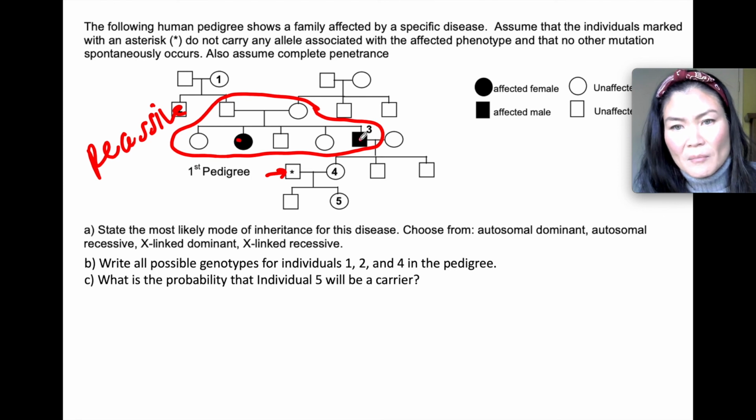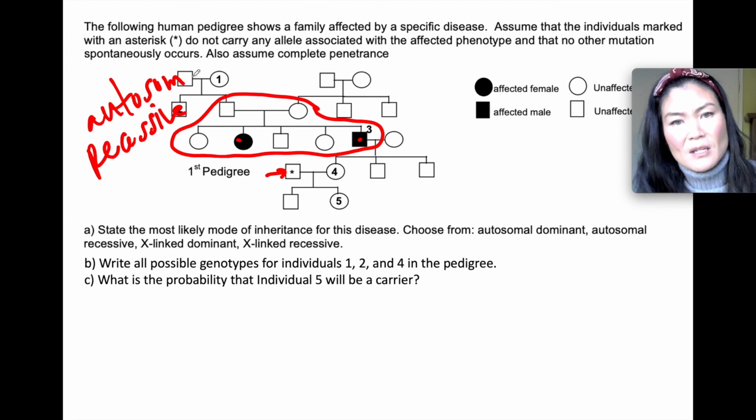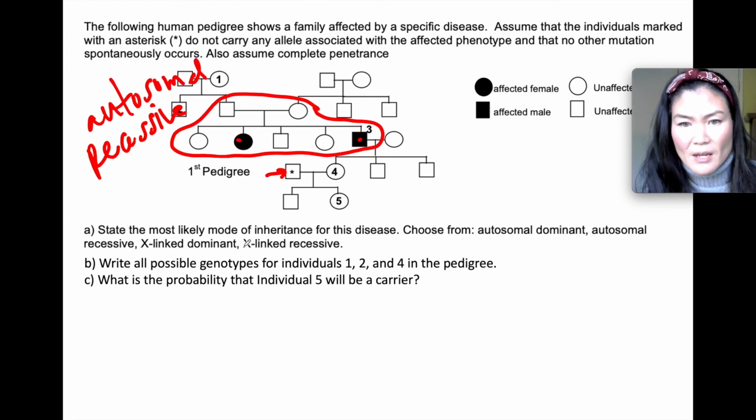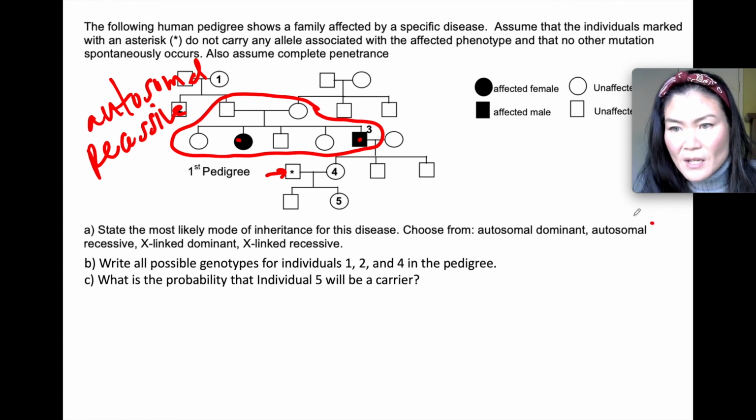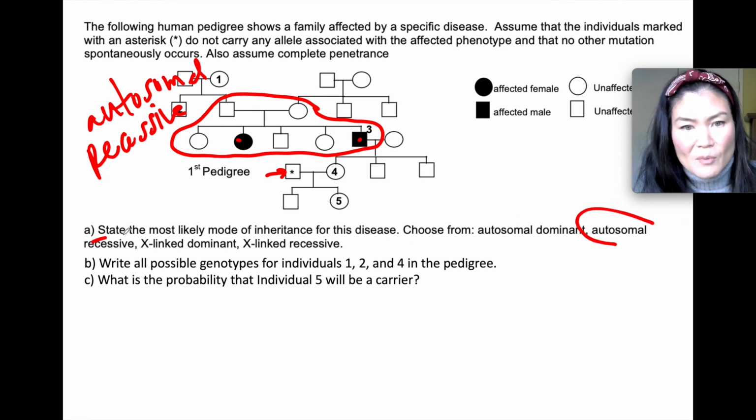Female, male, not sex-linked, autosomal. So we already figured it out, guys. That was a really easy one. So we're going to go with autosomal recessive. So the answer is this guy right here, autosomal recessive. Okay. Write all the possible genotypes for individuals 1, 2, and 4 in the pedigree.